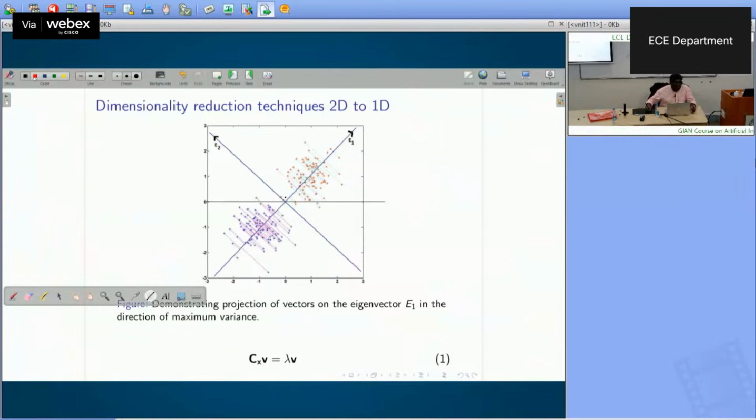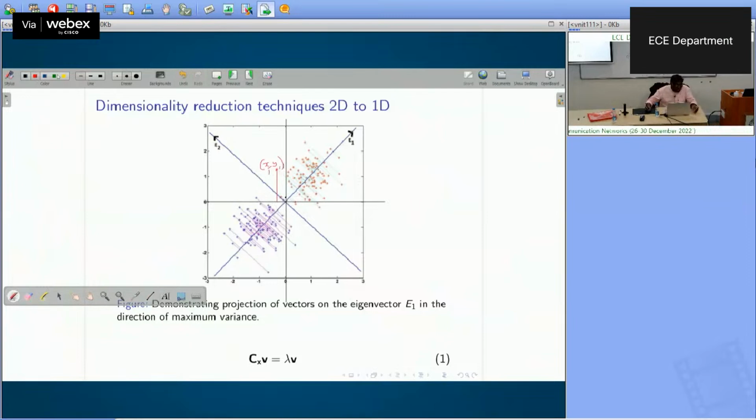So if I project some arbitrary vector on this standard basis, I can find out the actual coordinates x1 and y1, the distance from the origin, x and then y.